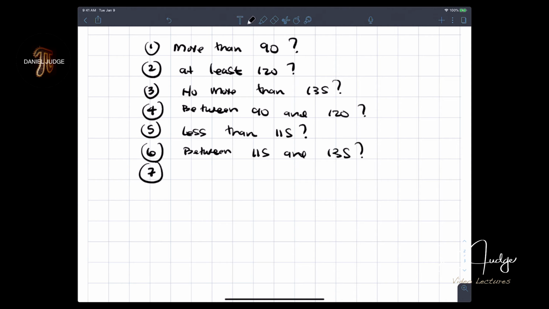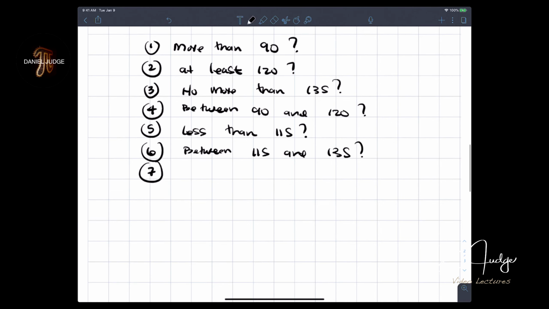Question 7, let's do another between situation: between 75 and 90. And I think I want to do a lucky 8. How about less than 75?